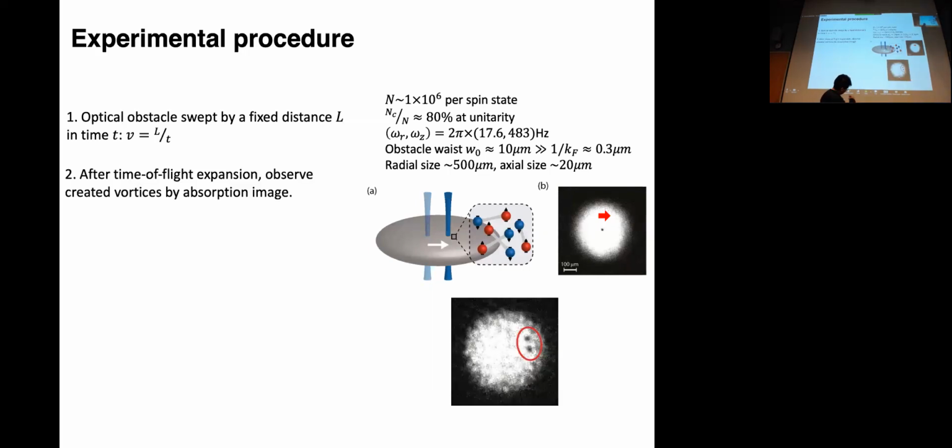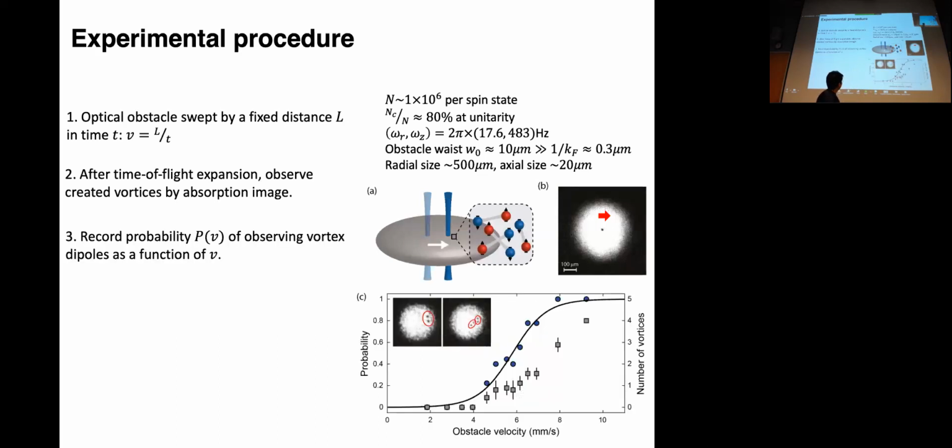And then after the sweeping procedure, we release our sample from our trap to perform time-of-flight imaging of our superfluid samples. And if there is a vortex dipole created, it will appear in our images as a pair of density-depleted holes. And of course, if the velocity was too slow, we won't see anything like this. If it's faster than the critical velocity, we'll see a pair. Or if it's very fast, we'll see pairs of pairs, and so on.